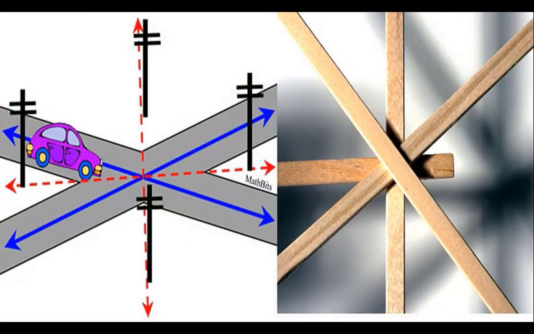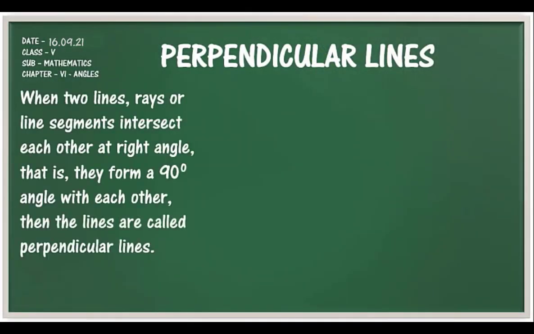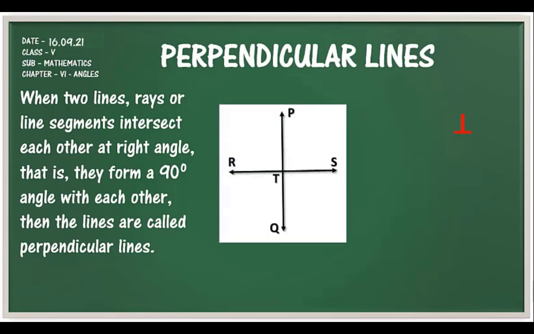Perpendicular lines. When two lines, rays or line segments intersect each other at right angle, which means that if they form a 90-degree angle with each other, then they are called perpendicular lines. Here in this image, lines PQ and RS meet at point T and form an angle of 90 degrees at the meeting point.